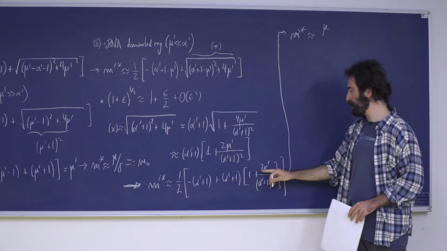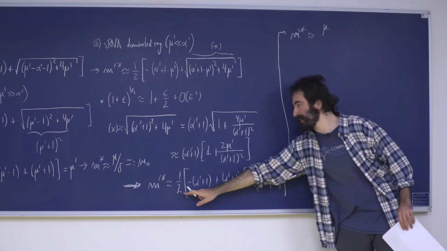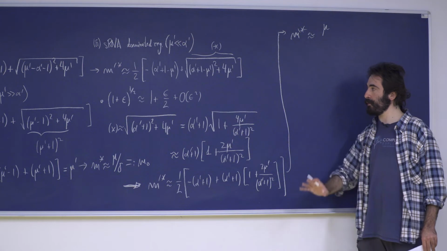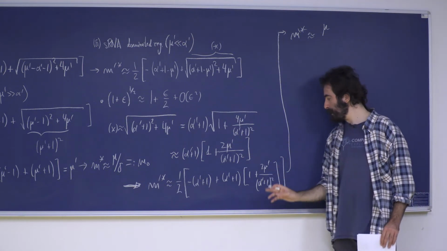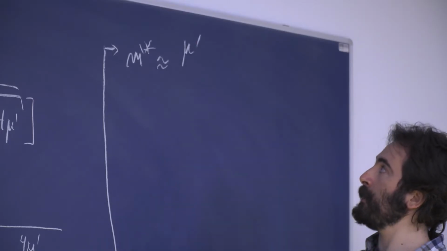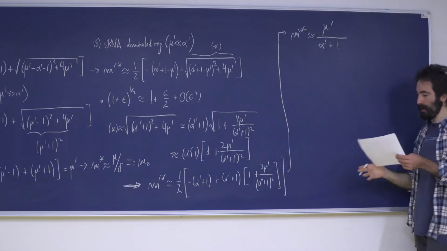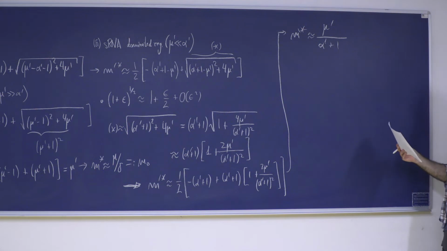Notice that this 2 now here is going to be cancelling with this 2 in front that we had from the very beginning, from when we obtained the solution. Now this 2 is going to vanish, so we have a mu prime in the numerator, and in the denominator I simply have this. And that's my approximation. So here is what I obtain, right?